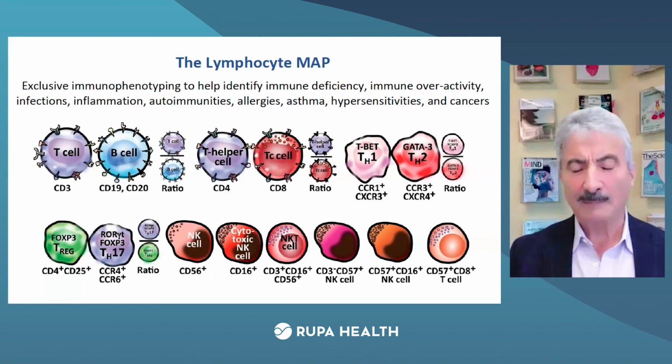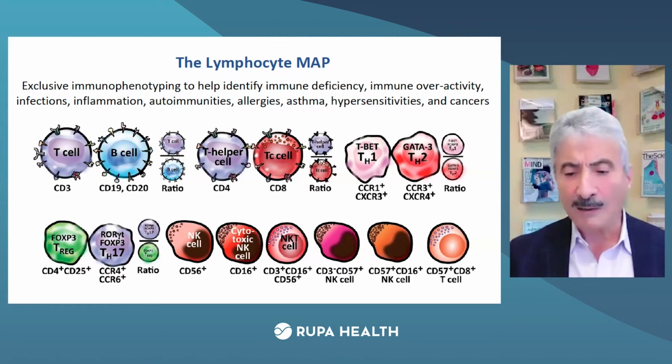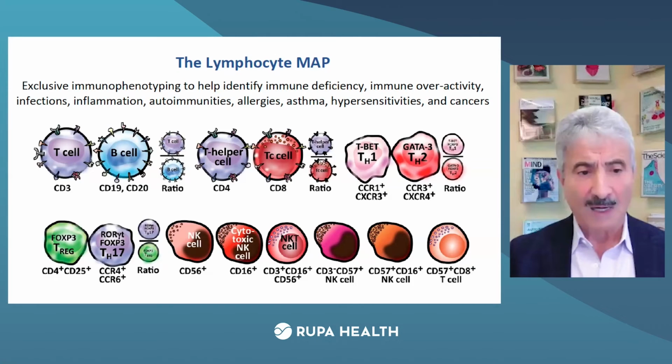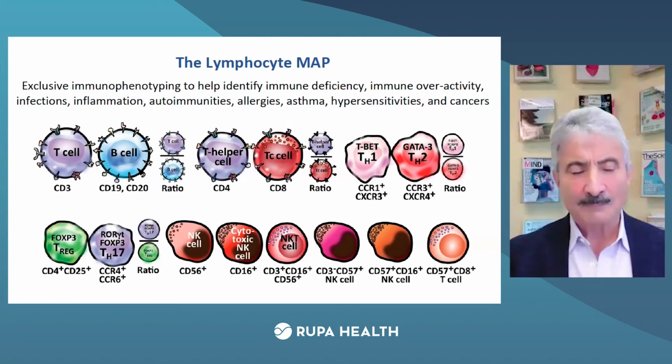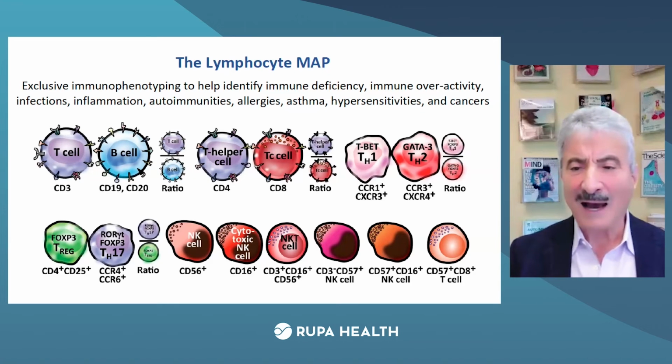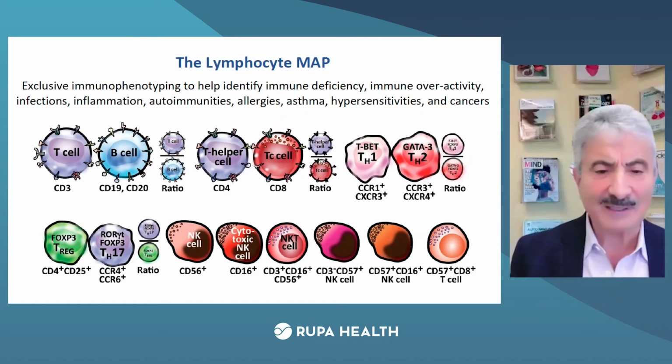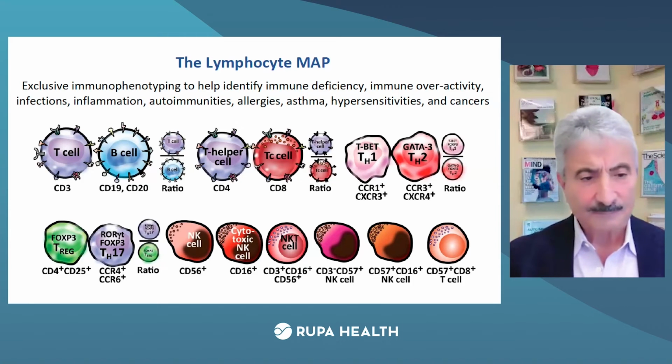All these cells are measured at Cyrex by using flow cytometry. Abnormalities at the cellular levels can correlate with overactivation of the immune system, inflammation, autoimmunities, allergies, asthma, hypersensitivities, and cancer.